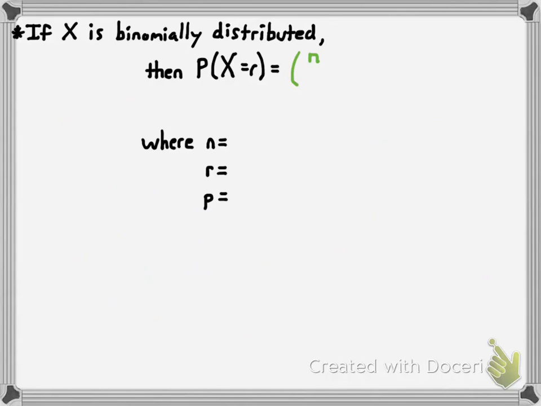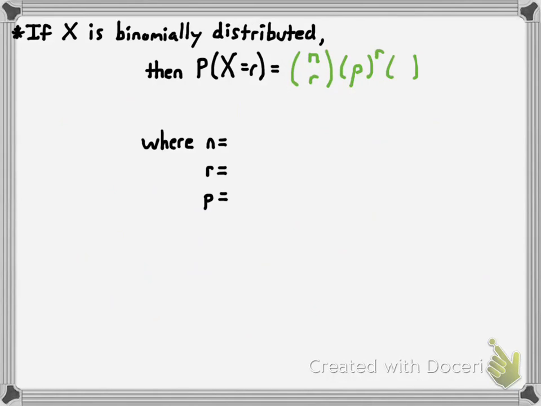You need to write this down. All right, n is the number of trials, r is the number of successes that you're looking for, and what you're going to do is multiply by the probability of success, which we'll call p, to the r power. And if you have r successes, every other trial is going to give you a failure, and you would find out how many trials were remaining if you subtract the total number of trials by the number of successes.